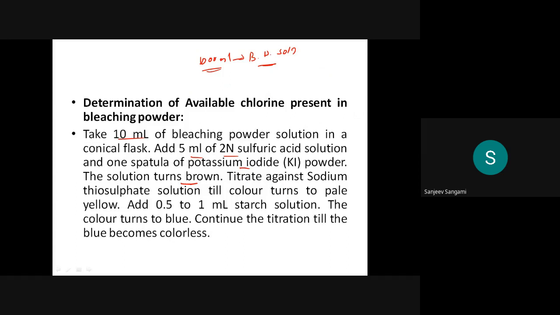Titrate against sodium thiosulfate till pale yellow, then add 0.5 to 1 ml of starch solution. The color turns blue. Continue the titration till the blue color turns colorless. Follow the same method as the standardization, but without adding the potassium dichromate reagent.